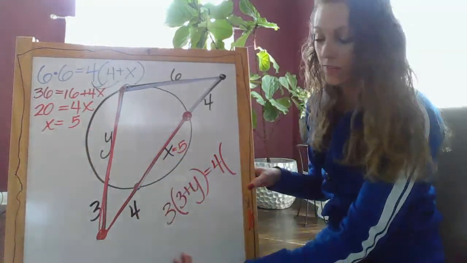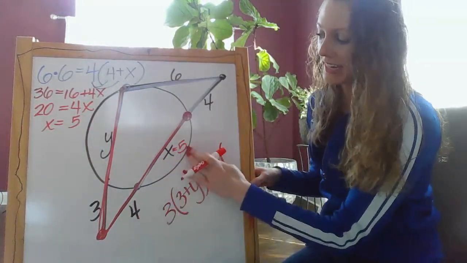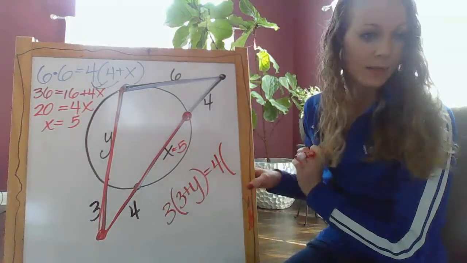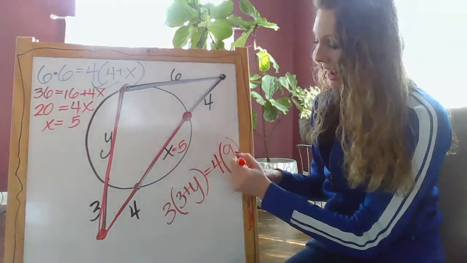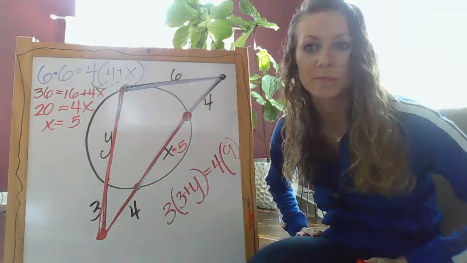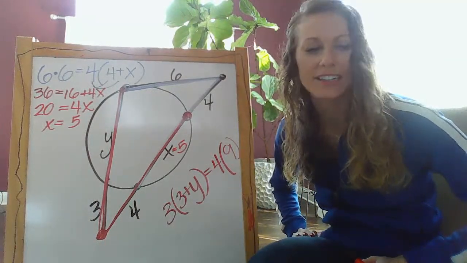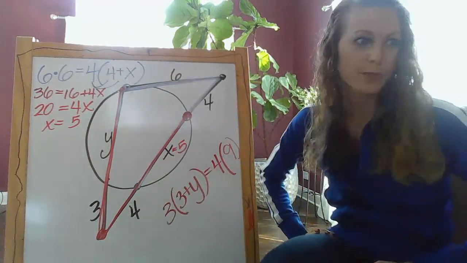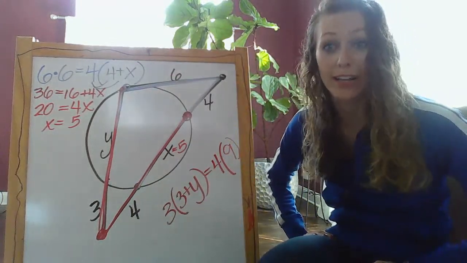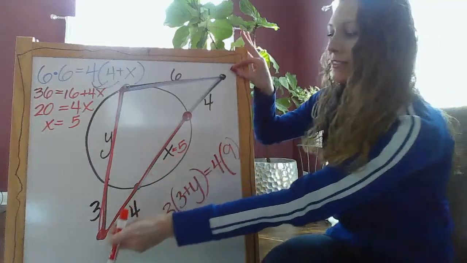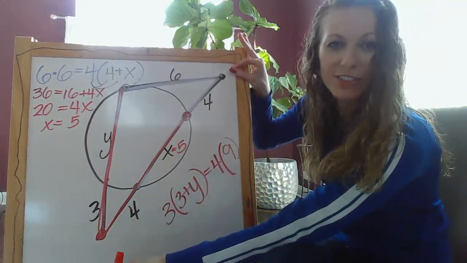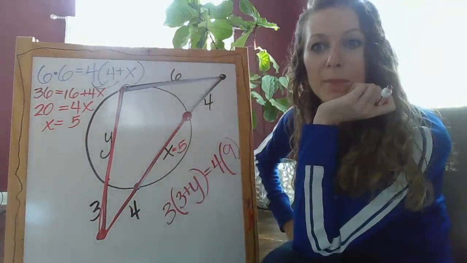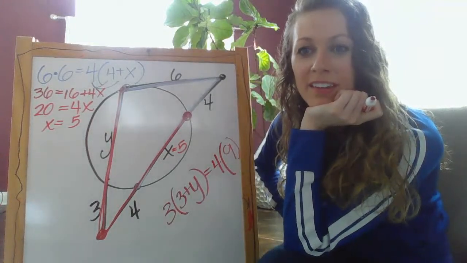Now that we know that x is 5, we can go ahead and plug that in and say 4 plus 5. Since I'm running out of room, I'm just going to write my 9 here, and we'll be able to solve that. So these are the ones that get a little bit tougher. I think the segment ones, as you can see, once you start having more than one vertex outside of your circle, they can get a little bit more complex, but we did really well on that one.